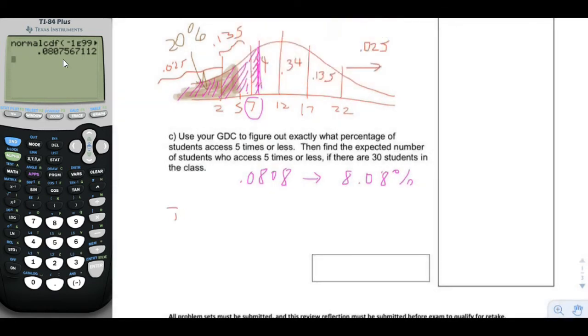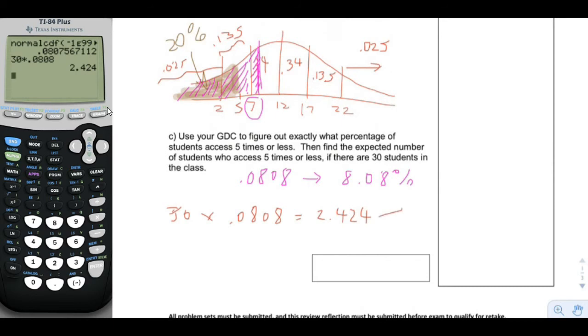So we take 30 and multiply that by 0.0808, and we get 2.424. And that is the number of students who access 5 times or less.